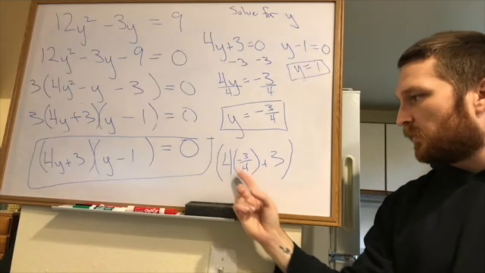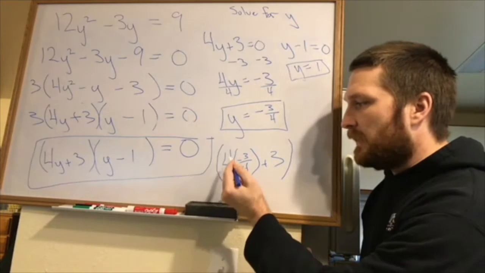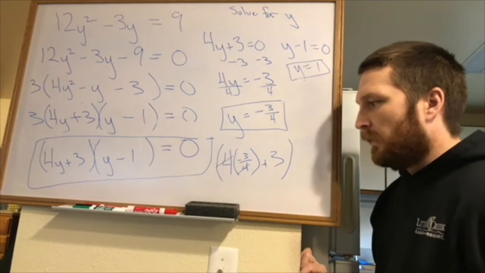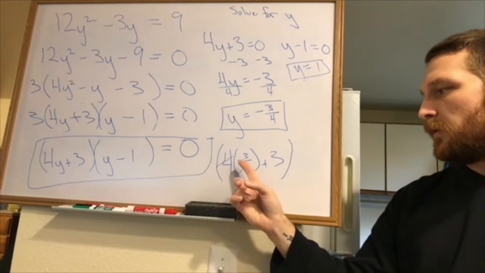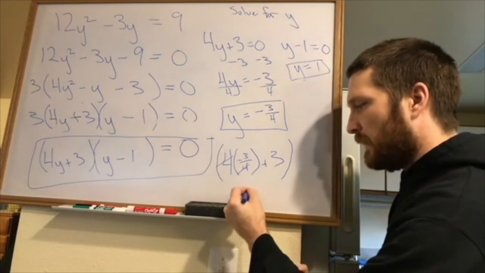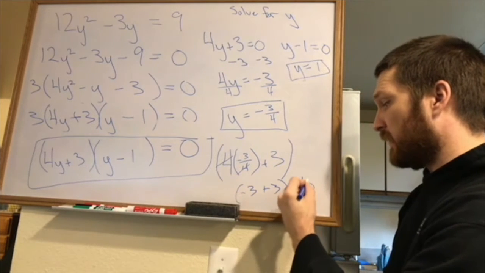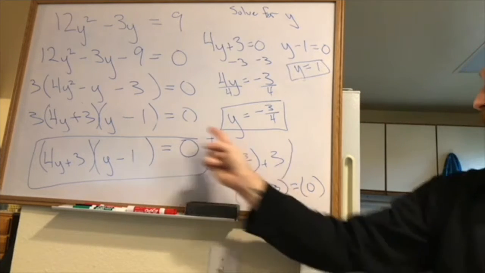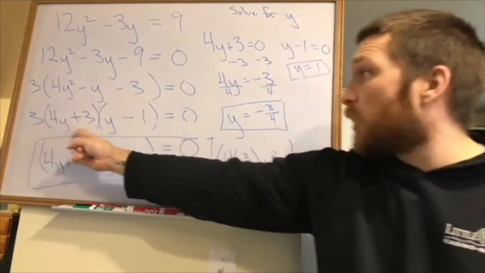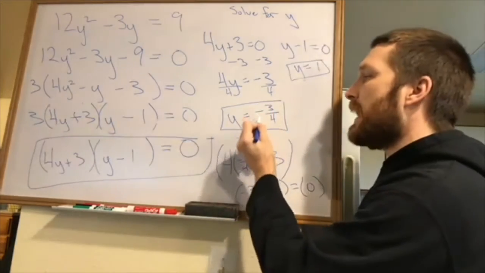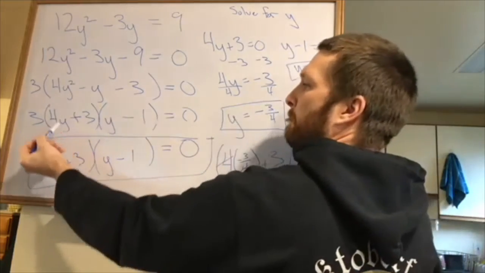And then my brain says, well, it would look like that. And then I think, well, a 4 kills a 4 right there. And then we would just have -3 plus 3. -3 plus 3 is in fact 0. And so that entire thing right there would turn into a 0 if I plugged that number in right there.